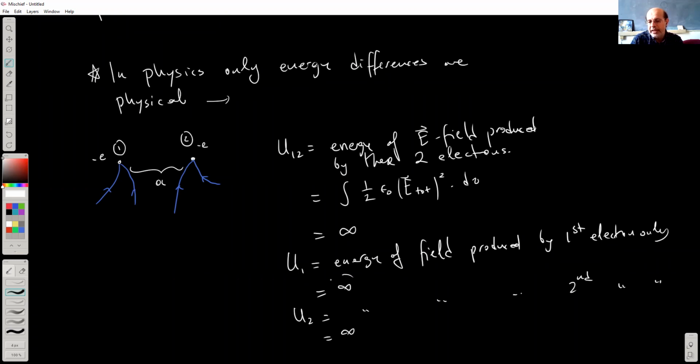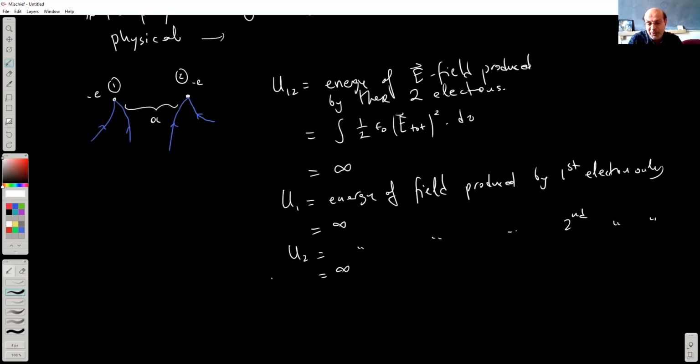I also know that this infinity is the same as that infinity, so these two infinities are equal to each other. But it appears that this infinity is different from that infinity. We are using the same symbol, but we cannot really understand the difference. So what I'm talking about is this difference here. Presumably this is, for example, the energy of the electrons when they are far apart, and that's the energy of the electrons when they are near.